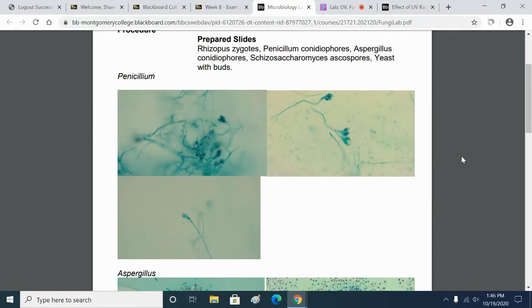And so what we're looking at on these slides are actually reproduction in the fungi. With Penicillium, it does form a nice fuzzy green or grayish green colony. You may have seen this if you've had some moldy bread, the green spots on the bread are Penicillium. Maybe you had a large block of cheese and you left it in the fridge too long, and you see some green fuzzy colonies growing on the cheese.